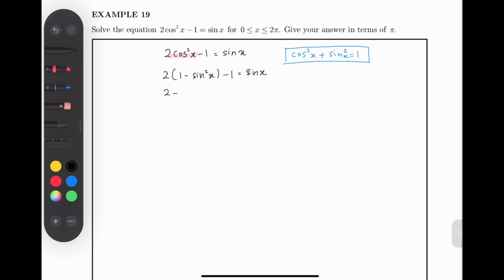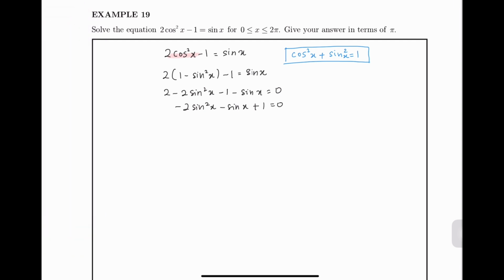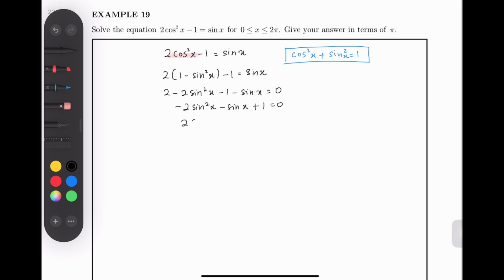Expand to get 2 minus 2 sine square x minus 1, and bring sine x to the left hand side to equal 0. Negative 2 sine square x minus sine x plus 1 equals 0. Before we can factorize, we have to make sure that the coefficient for sine square is positive. So divide everything by negative 1 to get 2 sine square x plus sine x minus 1 equals 0.